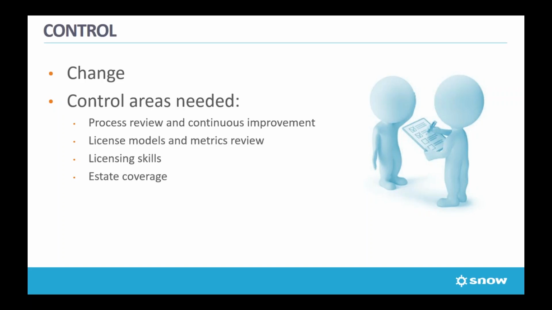Things are coming into the organization, things are leaving the organization, things are lost, things are stolen. And so understanding your estate and having good coverage and having good checks and balances to make sure that what's in AD matches what's in your antivirus system, matches what's in SCCM, that's good policy to make sure that the number you're working to, the coverage you're looking at, is as accurate as it possibly can be.